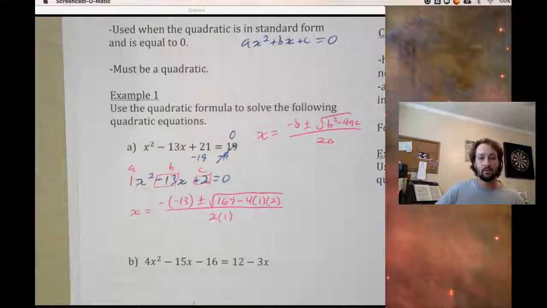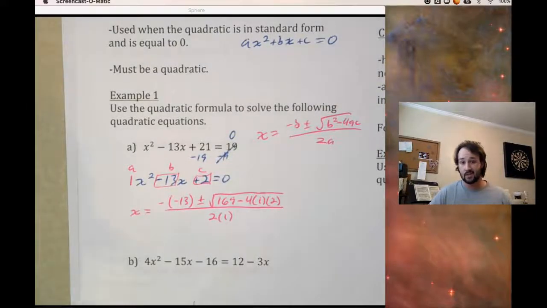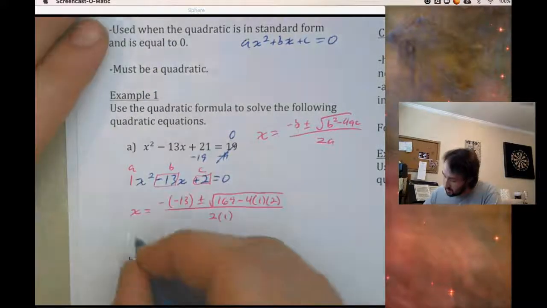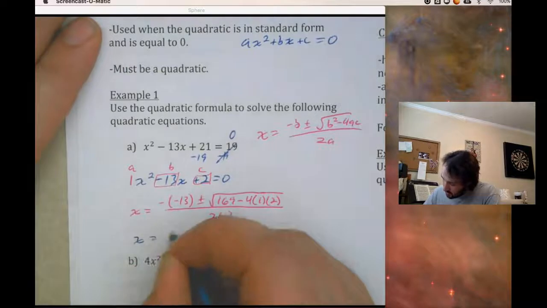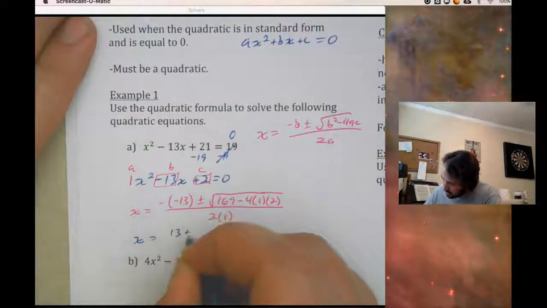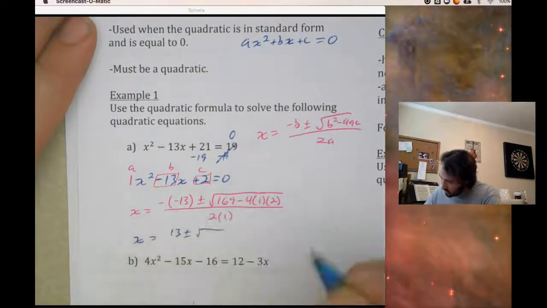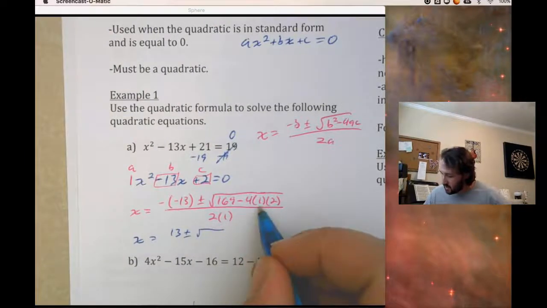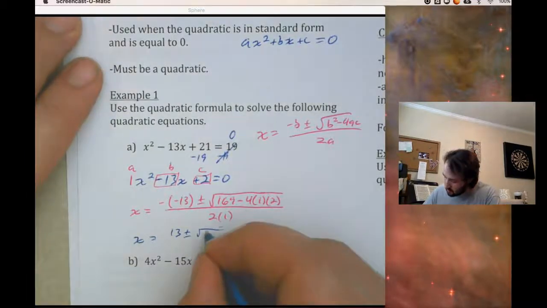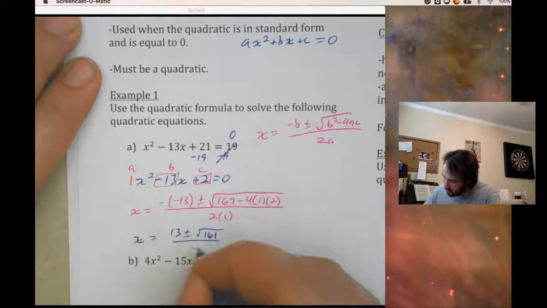So then it's just a matter of simplifying the numbers from there. There's really not too much to this. So I should have x equals 13 plus or minus the square root of, let's see, 169 minus 4 times 2 is 8, so 161, all divided by 2.